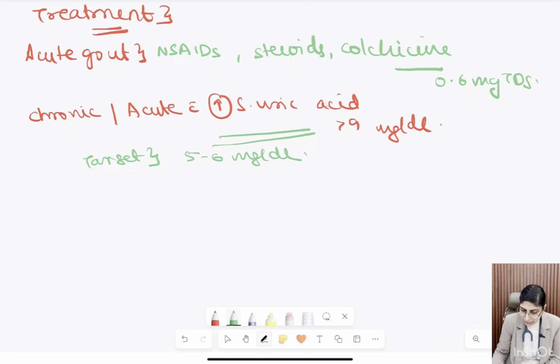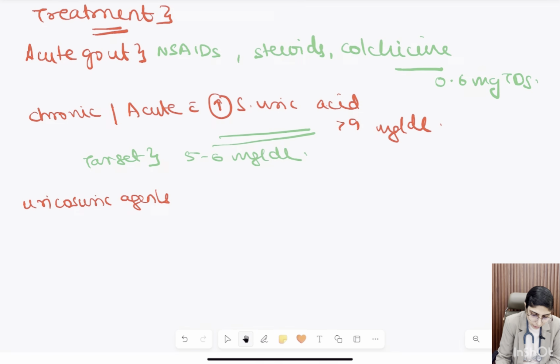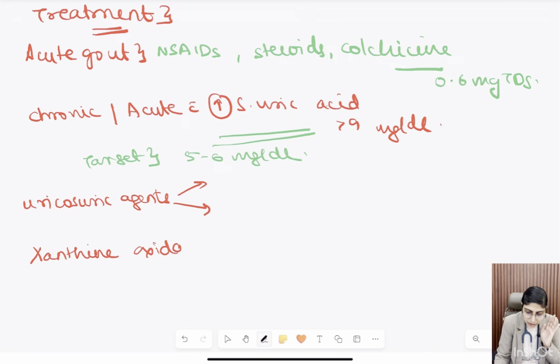And how do we achieve that target? So either you make the kidneys excrete more of uric acid, okay? So uricosuric agents. So we have two uricosuric agents. Or you interfere with the metabolism of purine and lead to less uric acid formation. So xanthine oxidase inhibitors, this is one enzyme that is involved in purine metabolism and leads to uric acid formation.